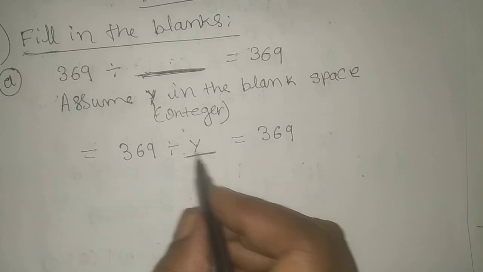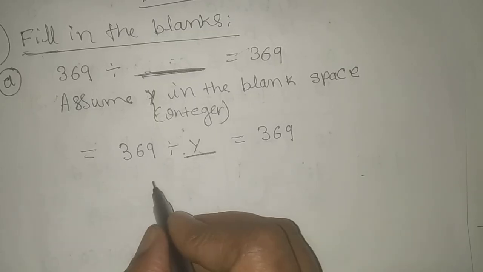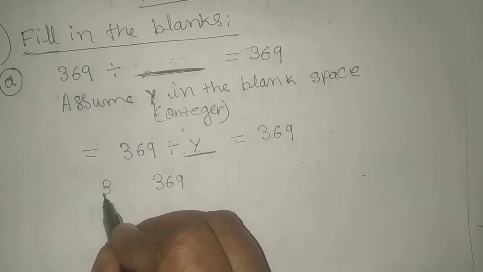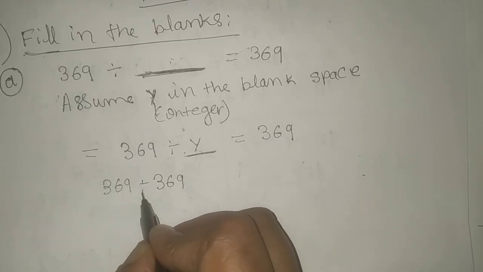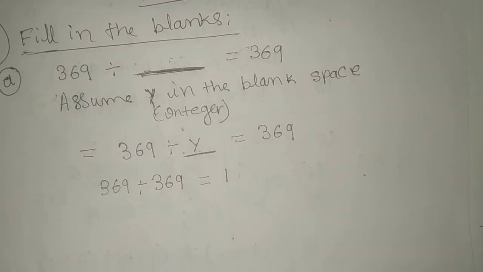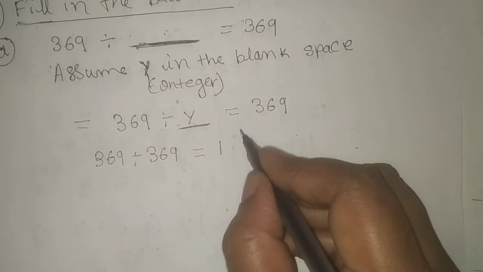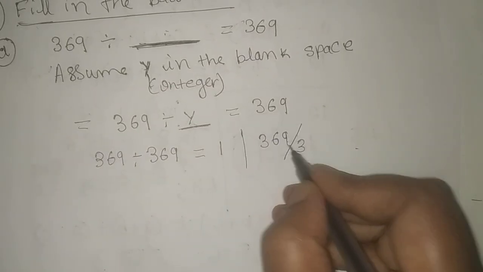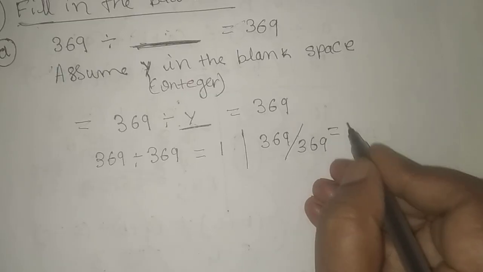Now you can write this, how to get 369 as answer. So we can divide 369 by 369, which is equal to 1.